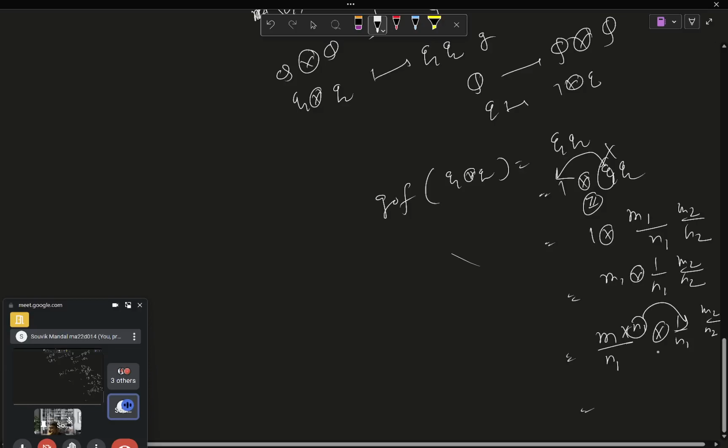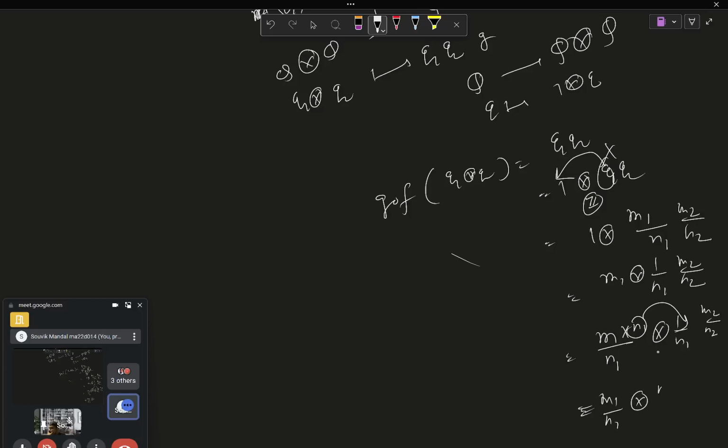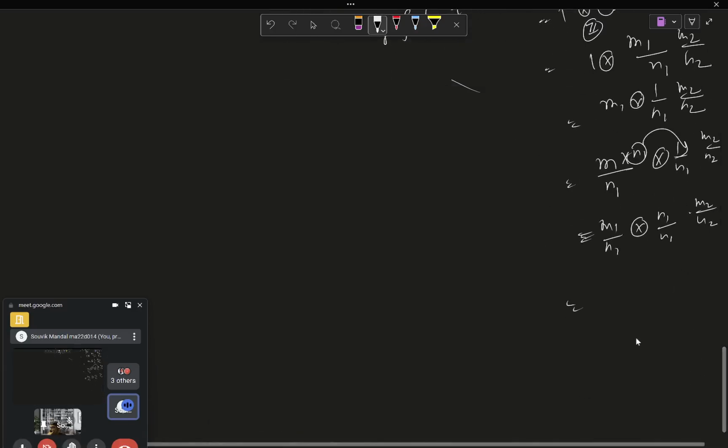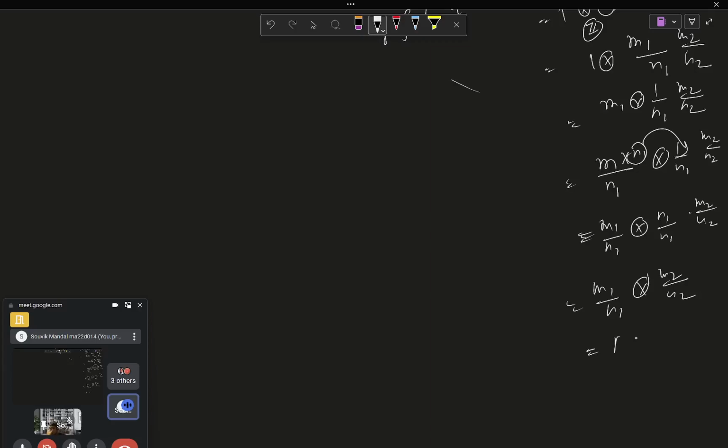Taking this part, this is equal to m1 by n1 into n1 by n1 into m2 by n2, which is nothing but m1 by n1 tensor m2 by n2, and this is nothing but q1 tensor q2. So this is our route.